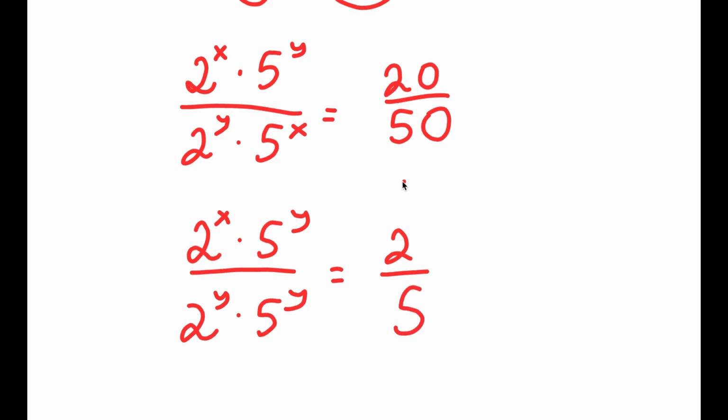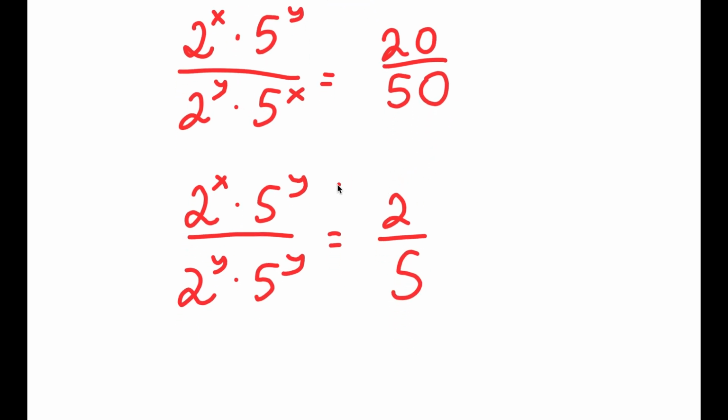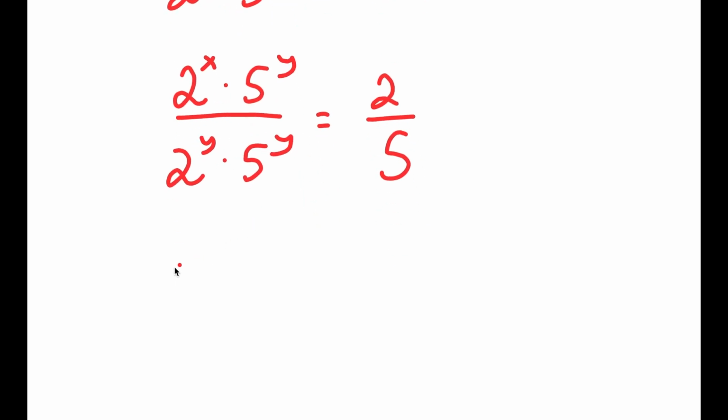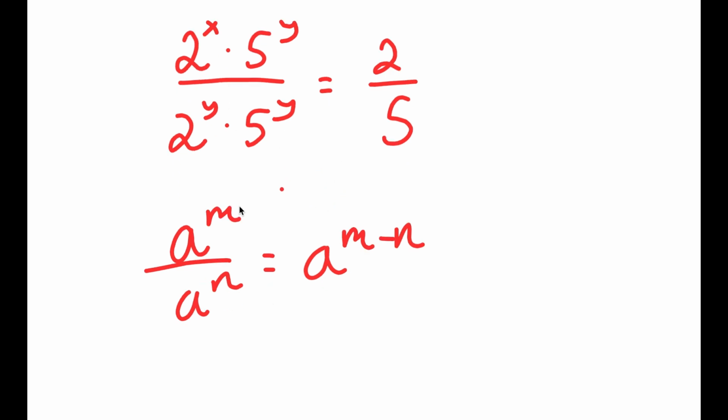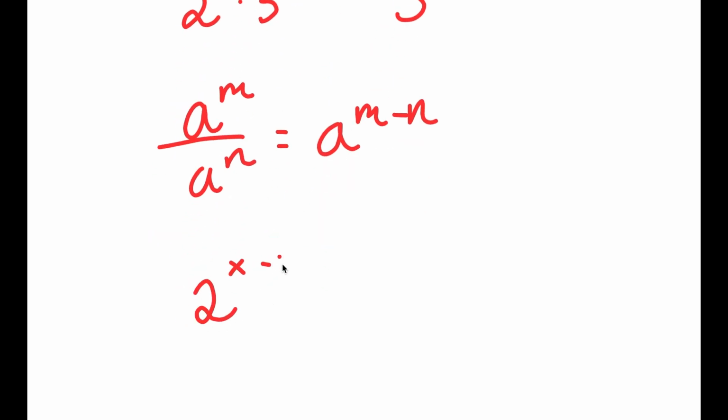So I just simplify 20 over 50. And now, if I have something in the form a to the power of m over a to the power of n, this is equal to a to the power of m minus n. So this can equal 2 to the power of x minus y times 5 to the power of y minus x is equal to 2 over 5.